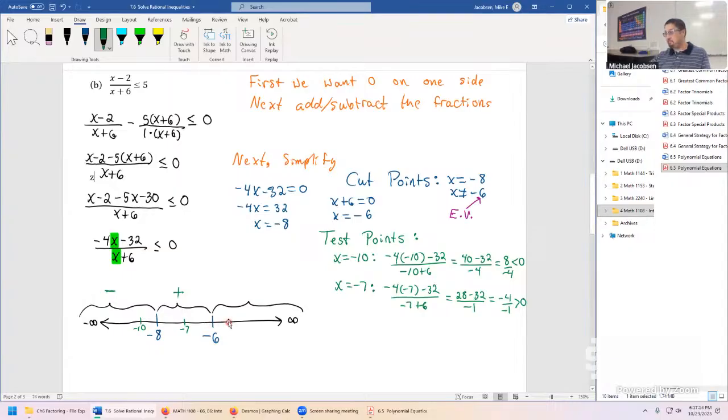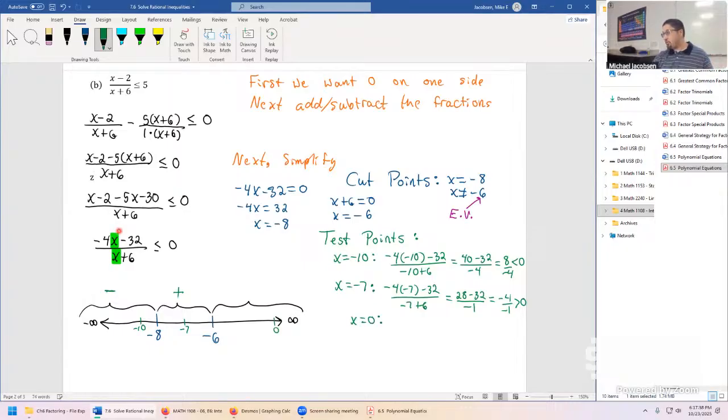Then one more time. We just need a convenient number in this region. You might pick, say, -5. That would work. But you might have noticed probably the most convenient test point ever is 0. It's somewhere far to the right. But if I pick a 0, plugging 0 here is just going to give us the least amount of work. So let's go with the 0 whenever we can.